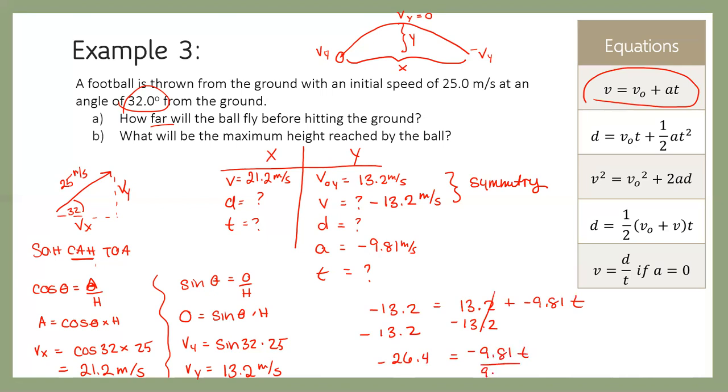Dividing both by 9.81, we get t is equal to 26.4 divided by 9.81. Whoops. 2.69 seconds.